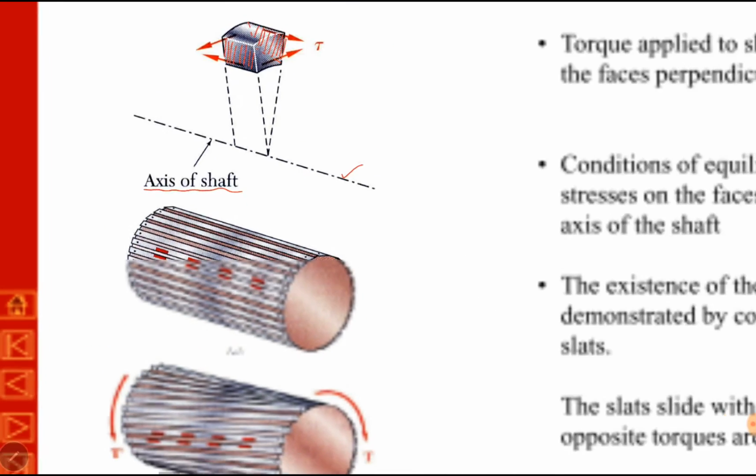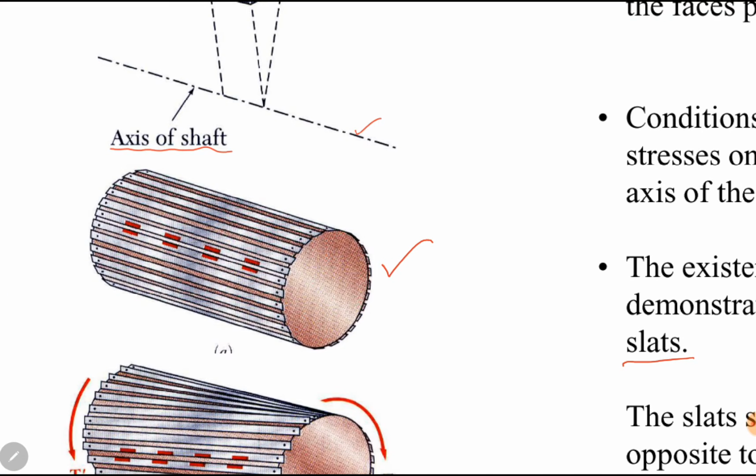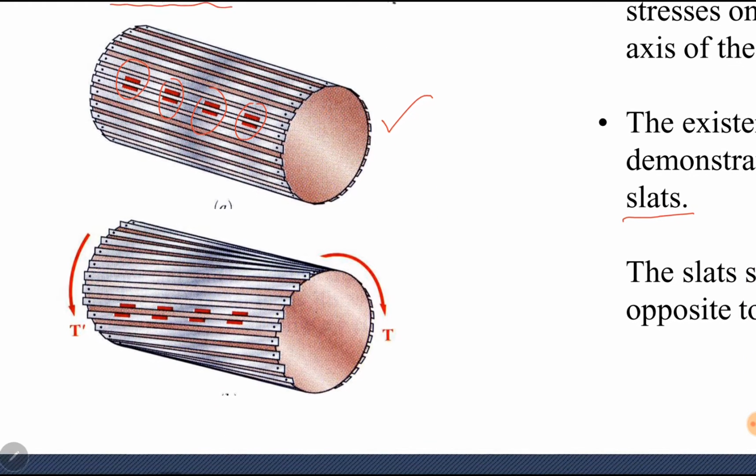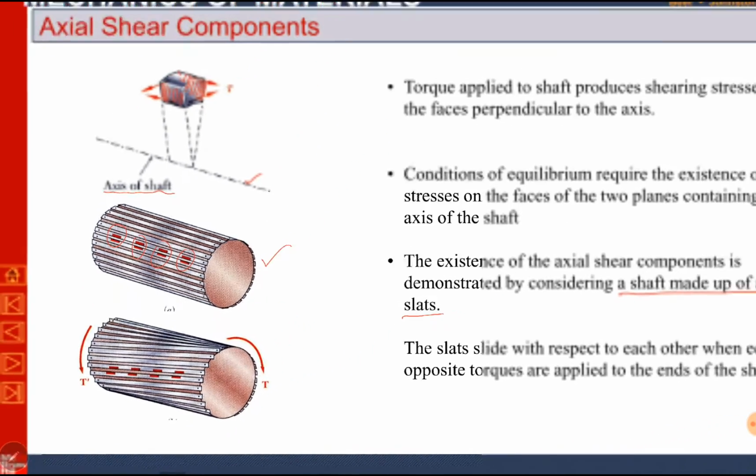Another example of it is if we consider this structure. This is a shaft made up of axial slats, and we have marked some red color lines on this shaft, you can see here. If we apply torque on the two ends and twist it, we apply a torsional load on it, and we can see the angle of these slats has changed.